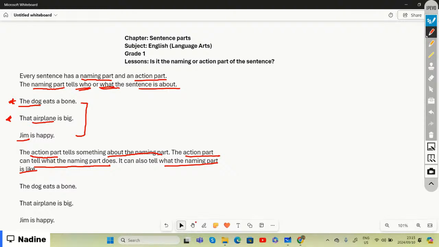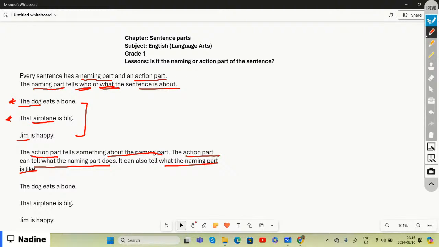And if we look at the first sentence, it says the dog eats a bone.